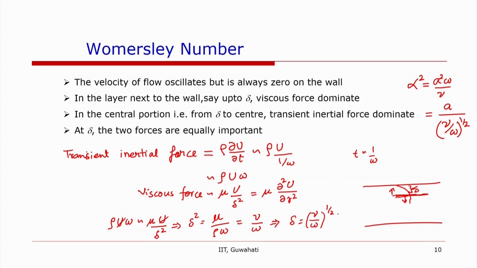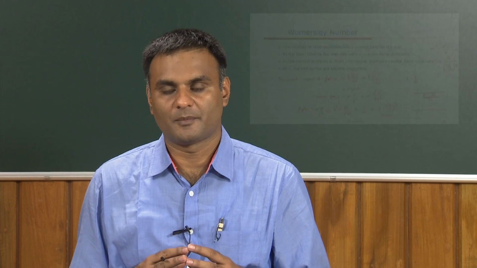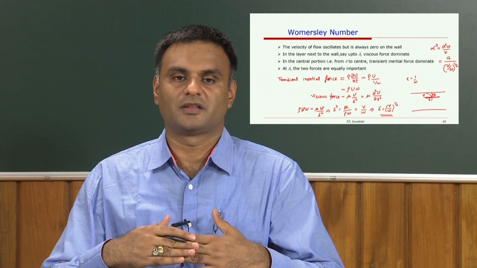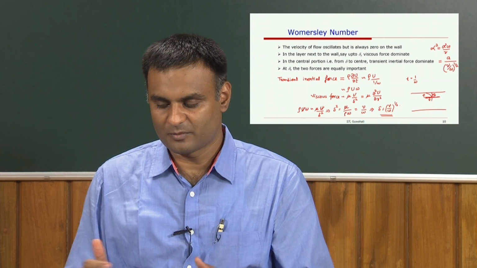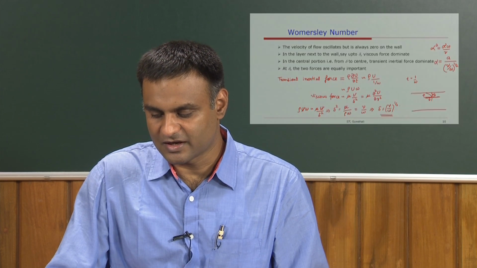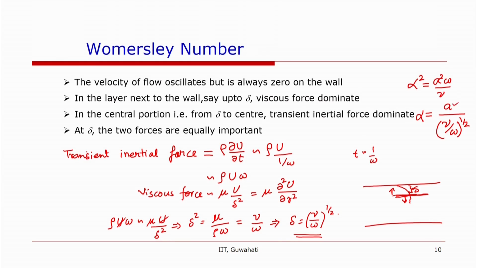So what we are saying here is that the thickness of this oscillating boundary layer can be obtained by comparing the transient inertial force and the viscous force at the boundary layer thickness. From this we can show that alpha is the ratio of a, which is the tube radius, and the transient boundary layer thickness.